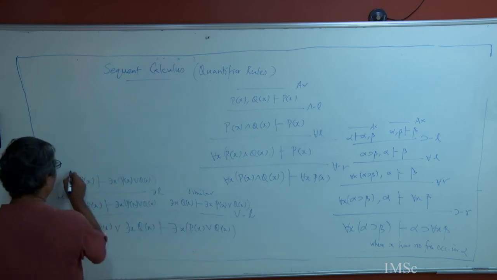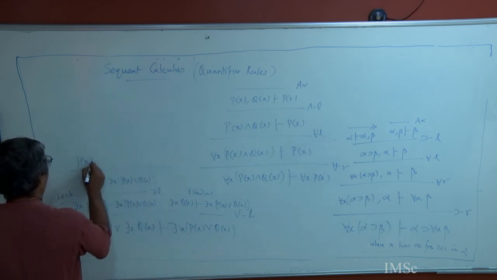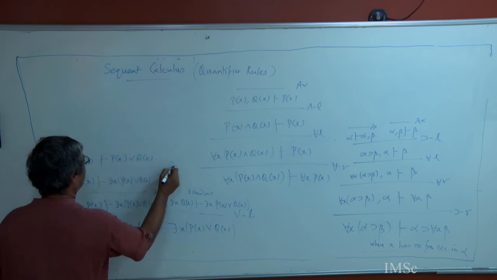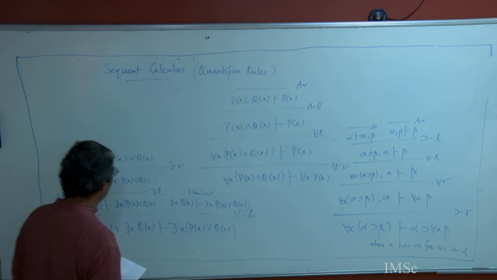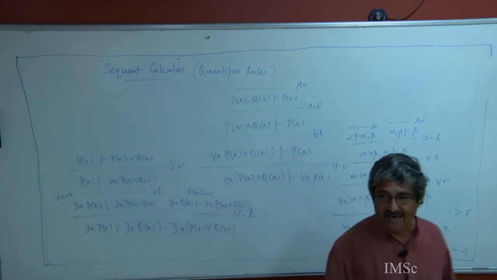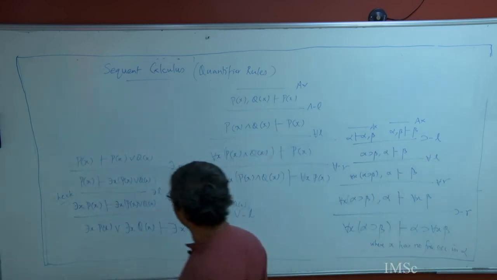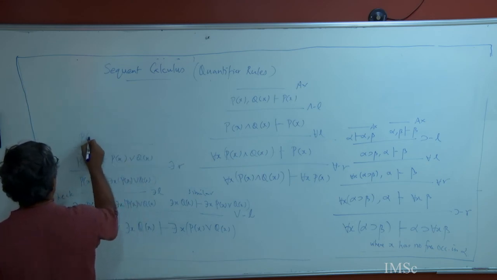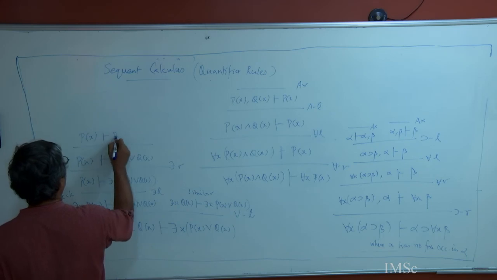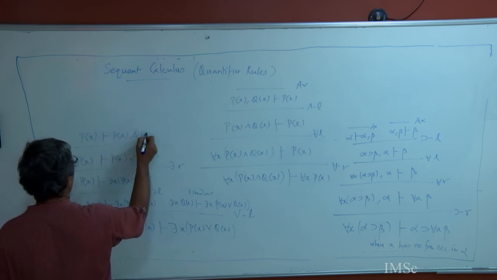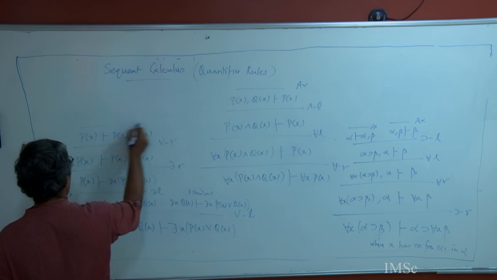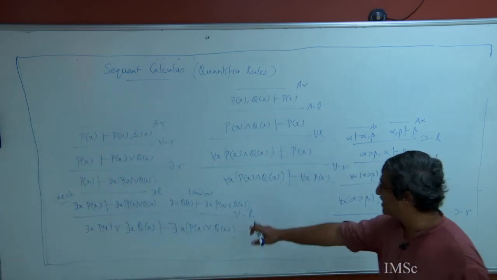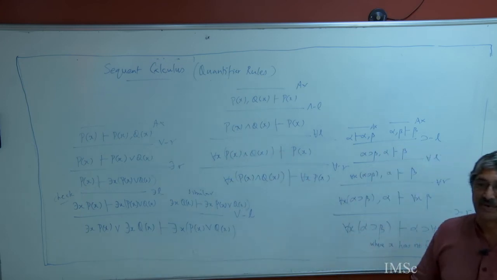Now I want from Px or Qx. This is the there exists right rule. There exists right, there is no check, and anyway this is true, and this is an axiom. You are going to have pretty much the same proof structure on this side also.